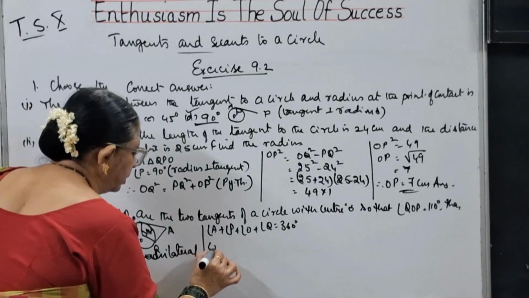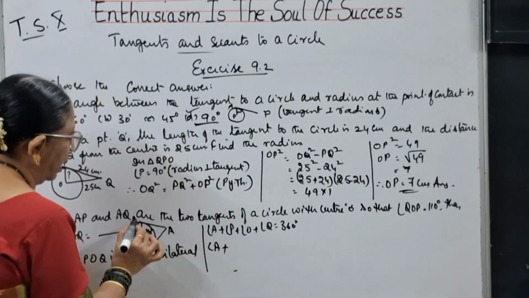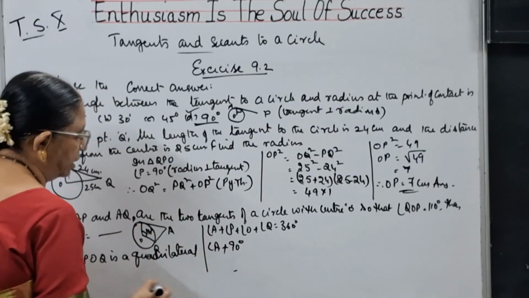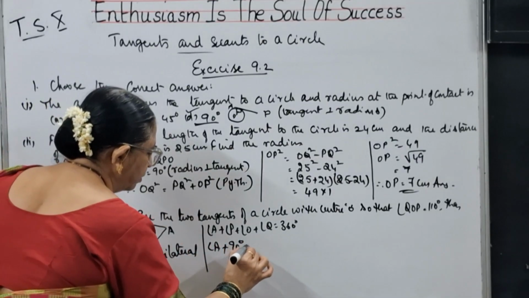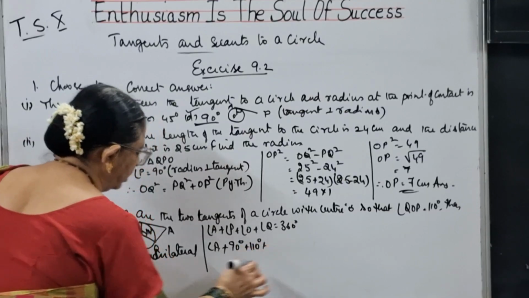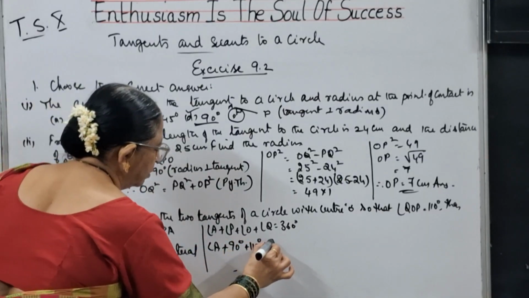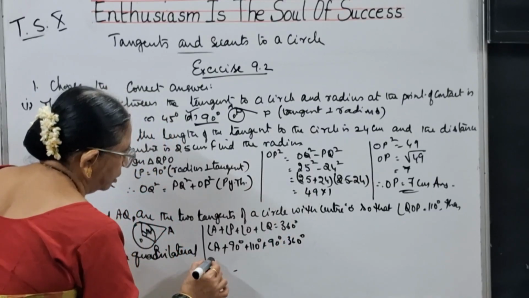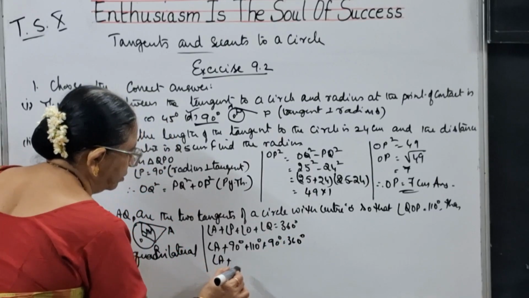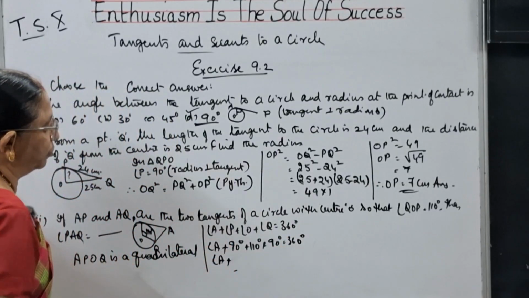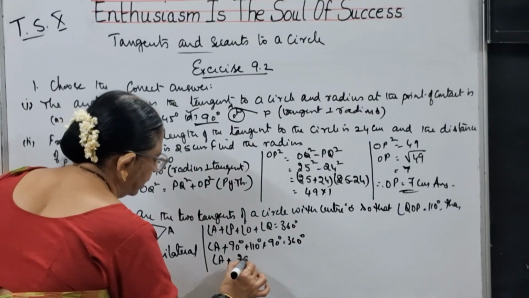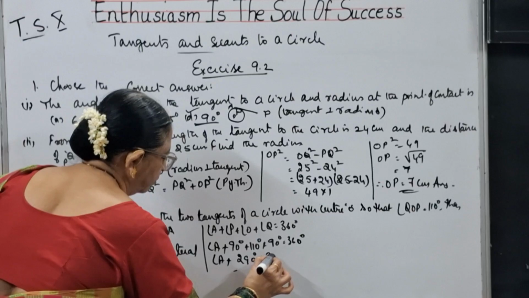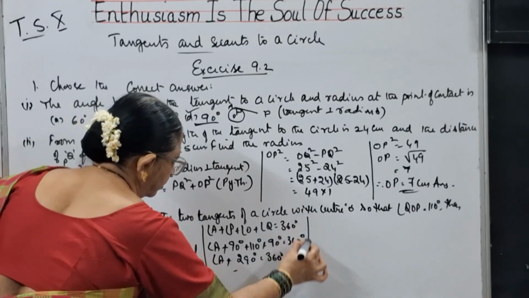We don't know what angle A is. Plus angle P is 90 degrees, we know, tangent and radius. Angle O is 110 degrees they have given. Again angle Q is 90 degrees, is 360 degrees. So angle A plus, this is 110, 200, 290 degrees is equal to 360 degrees.